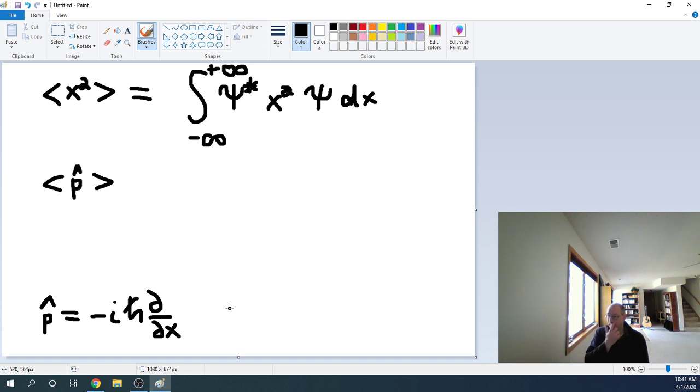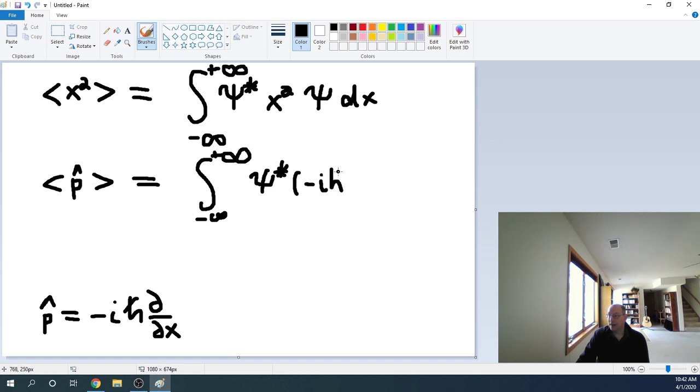Okay, now that means that when I do this operation, this would be equal to, again, the integral over all space, minus infinity to plus infinity. We have psi star here again. Whatever wave function you have that's involved here, take the complex conjugate of it, and then again we put the operator in here.